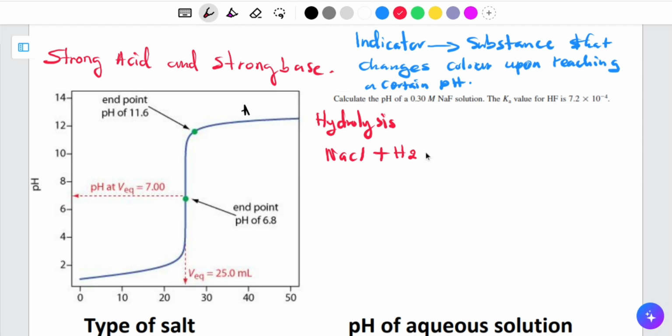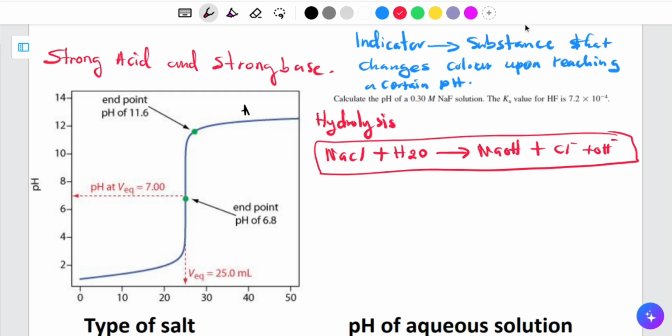So what am I going to have here? I'm going to have sodium hydroxide. Then what else? I'm also going to have chloride ion plus the hydroxide ion. So this is what I'm going to have as the product. So that is one thing that you need to know on hydrolysis.